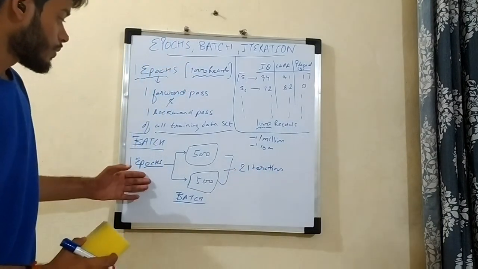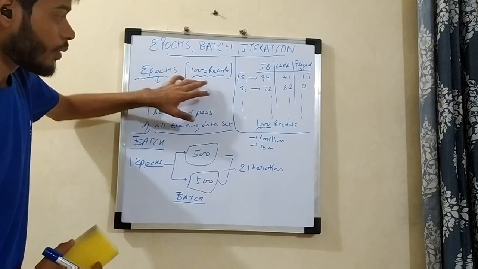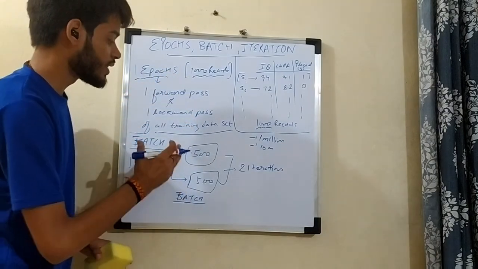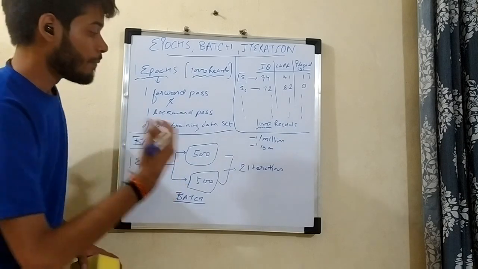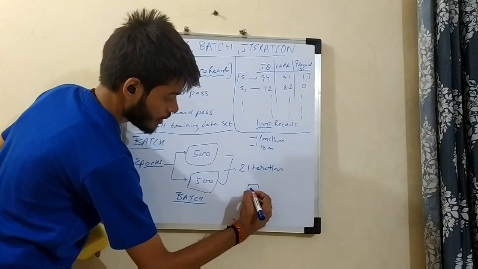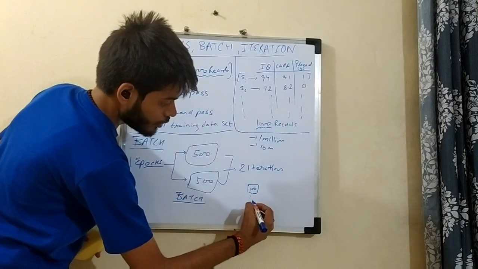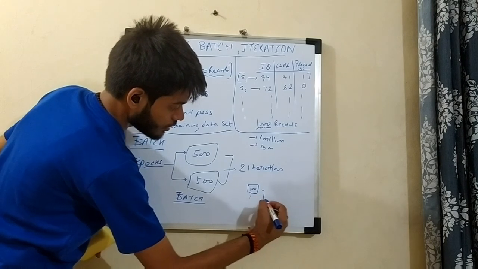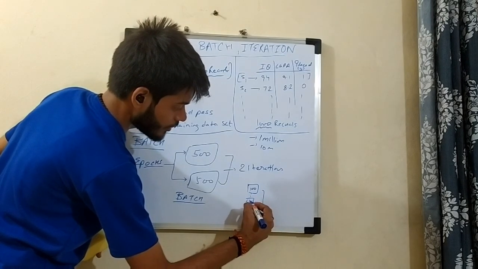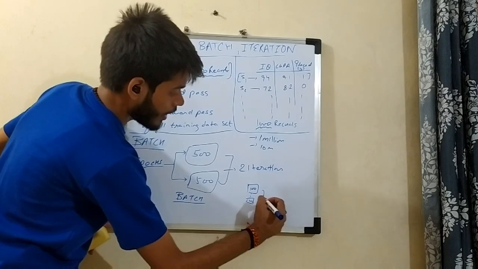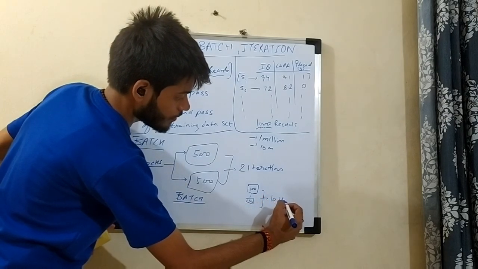Suppose we have the same 1000 records, and you divided these 1000 into batches of 100. So how many iterations are you going to have? If there are batches of 100, of course you are going to have 10 iterations, correct?